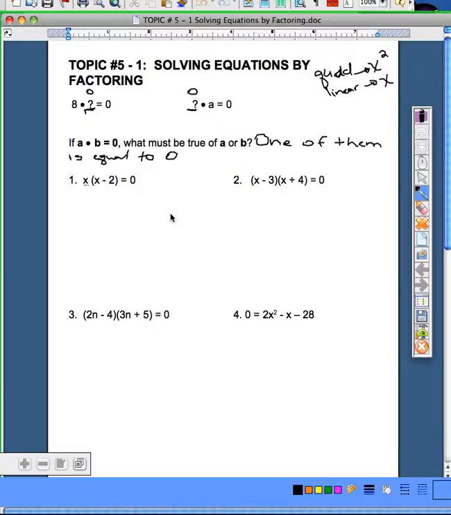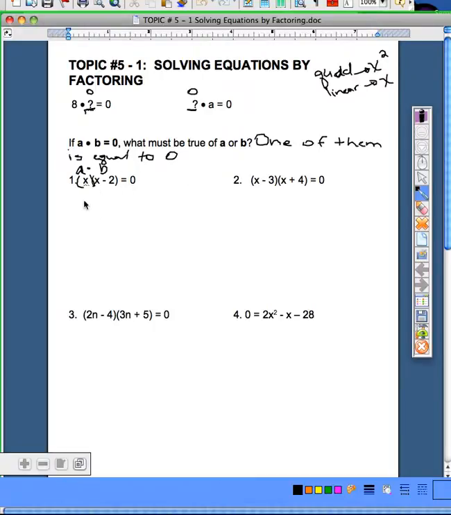Okay, at least one of them is equal to 0. So when we look at two factors, we're going to say here that the x, put that in parentheses, that's your a, and the x plus 2 is your b. So if either a or b equals 0, then I can get this answer of 0.